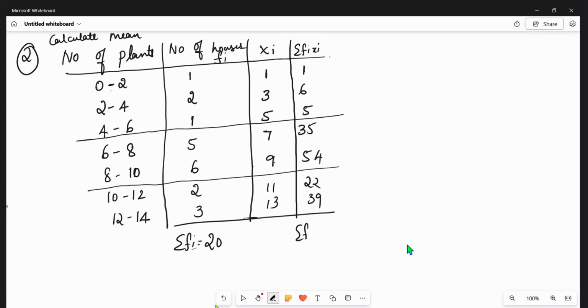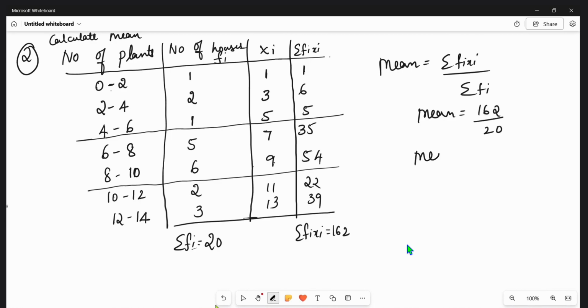Sigma Fi into xi, we are getting 162. Mean will be sigma fi into xi by sigma fi. That is 162 divided by 20. So mean value you are getting 8.1. Okay. Next one.